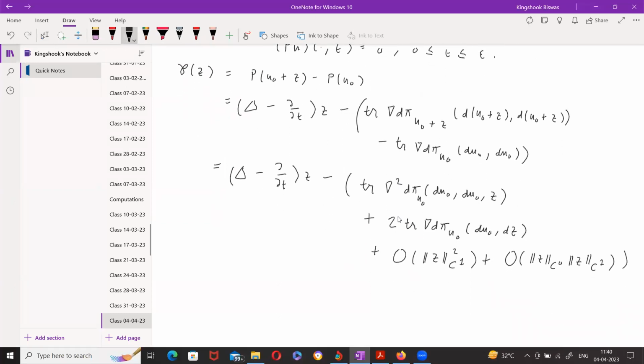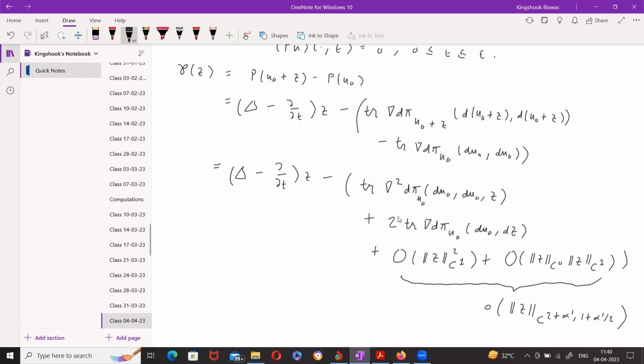And the point is, these error terms, these are little o of z, the C2 plus alpha prime, 1 plus alpha prime by 2 norm. Okay, because these are quadratic.